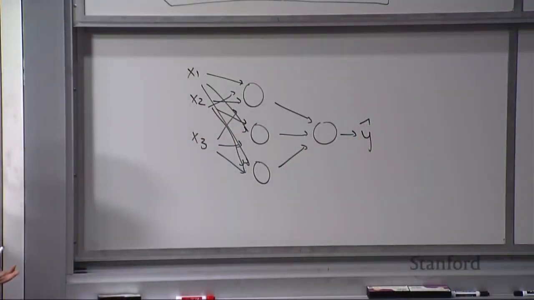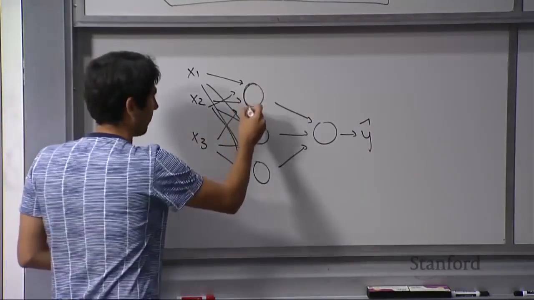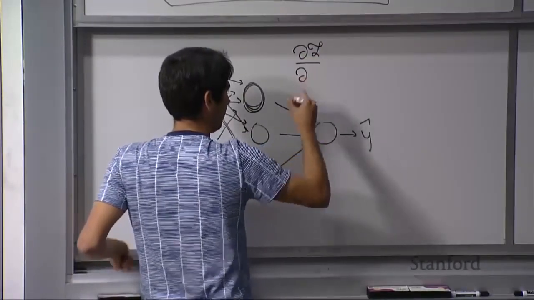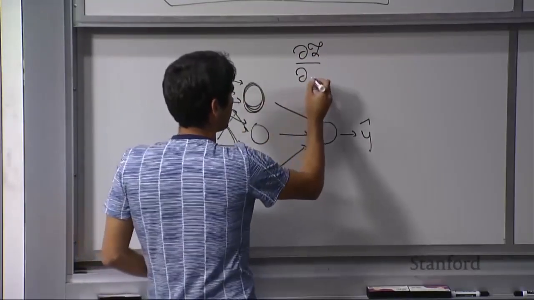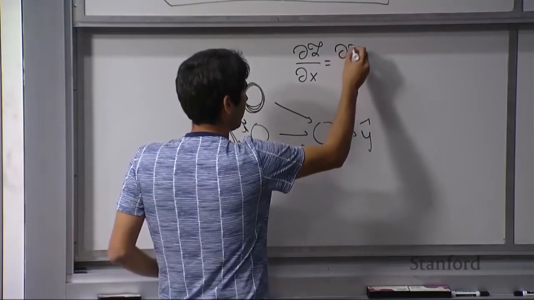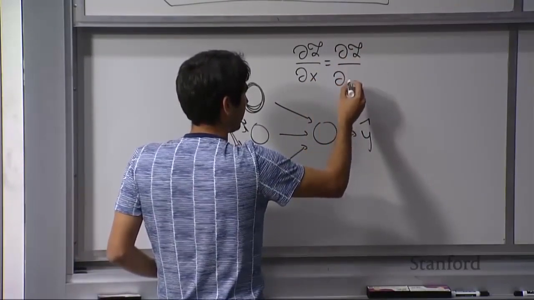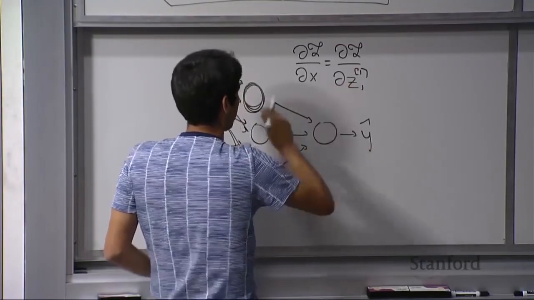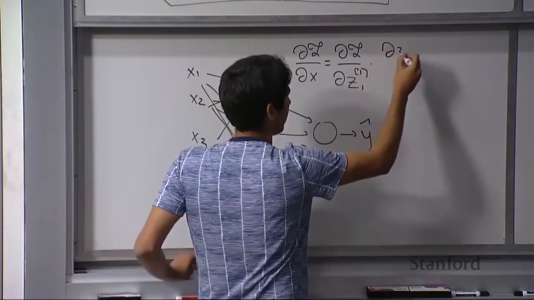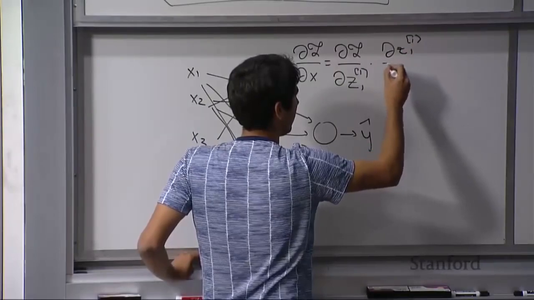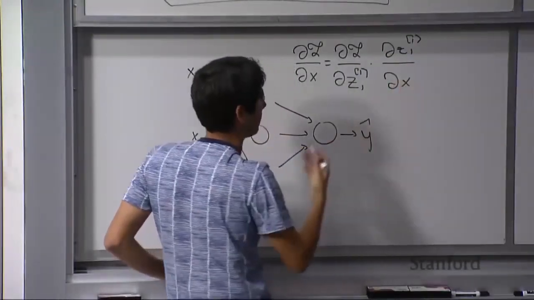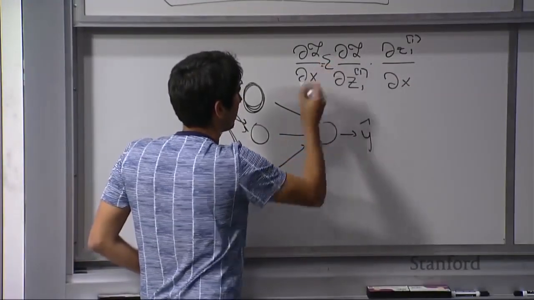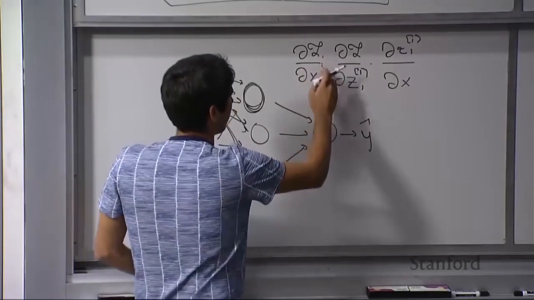What's interesting is that computing the chain rule on this neuron will give you that the derivative of the loss function with respect to x is equal to the derivative of the loss function with respect to z1,1 here, times the derivative of z1,1 with respect to x. There's actually a summation here, but anyway, let me just illustrate the point.